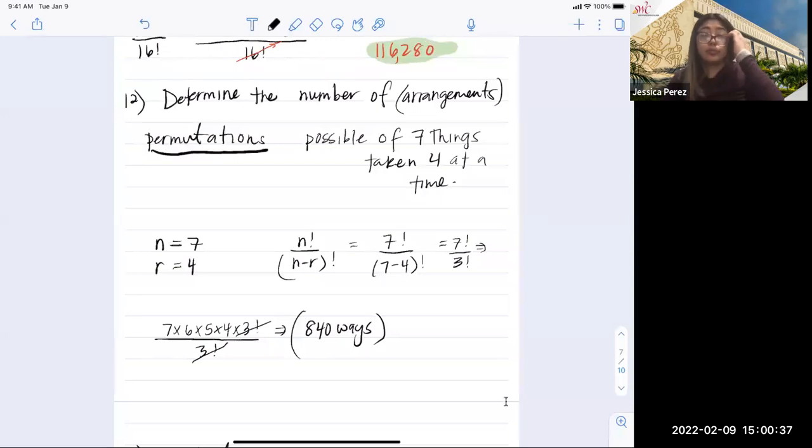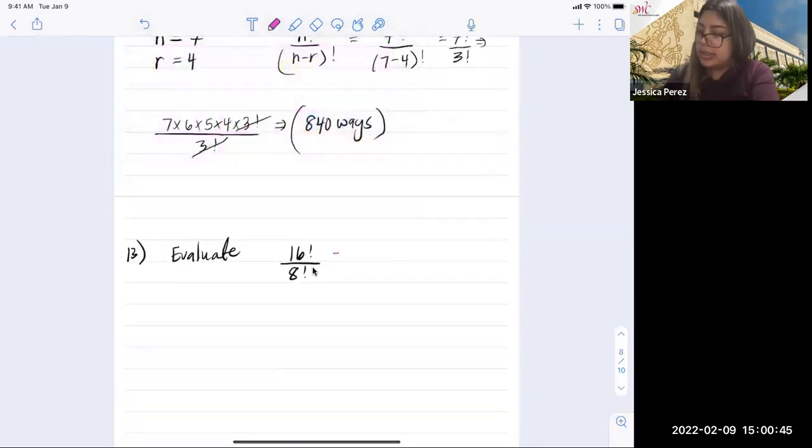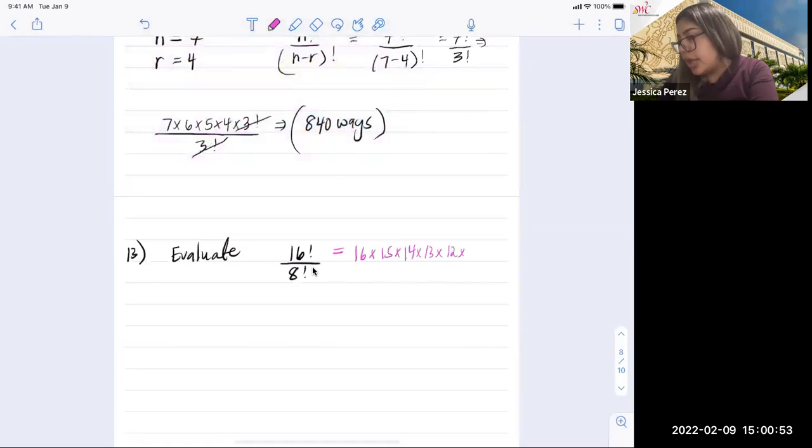Alrighty. So we are over here. Again, this is evaluating. This should be easy for you. So it's 16 times 15 times 14 times 13 times 12 times 11 times 10 times 9 times 8 factorial, and then all over 8 factorial.